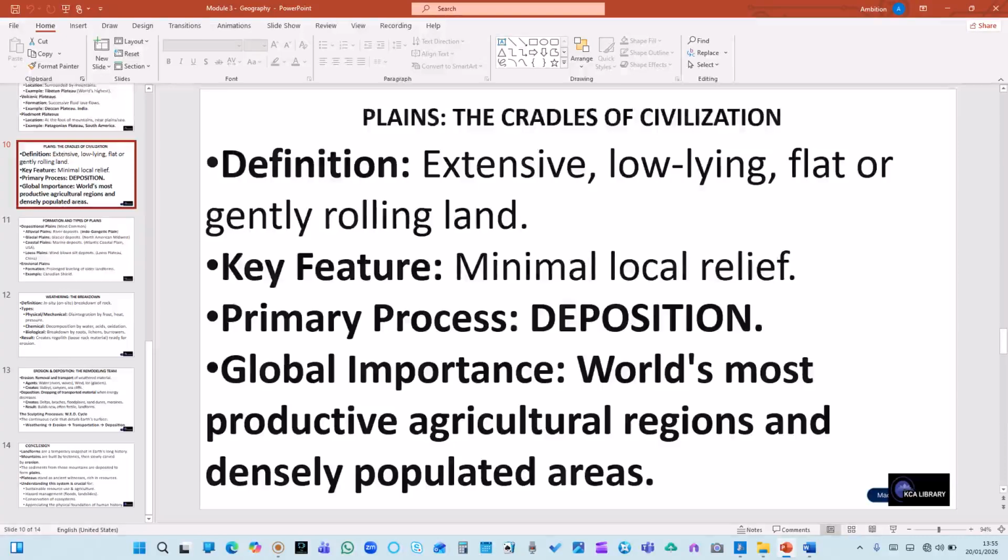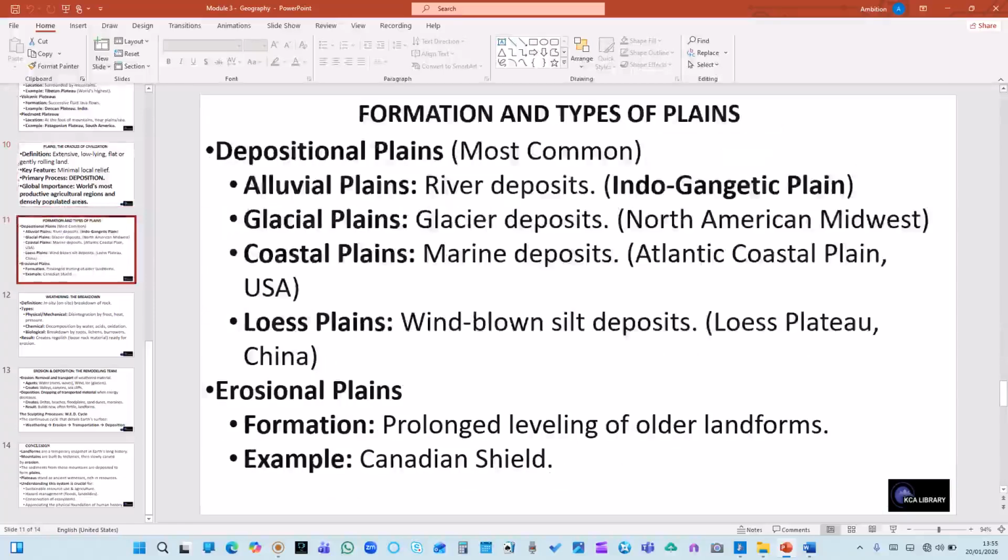The primary process is deposition, so plains usually form through deposition. Global importance of plains includes that it is the world's most productive agricultural region and densely populated area.